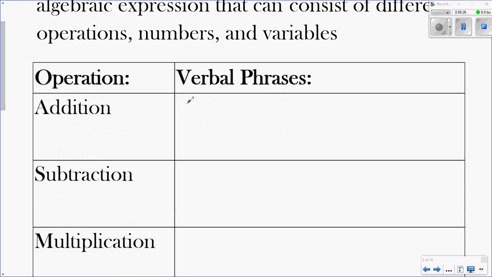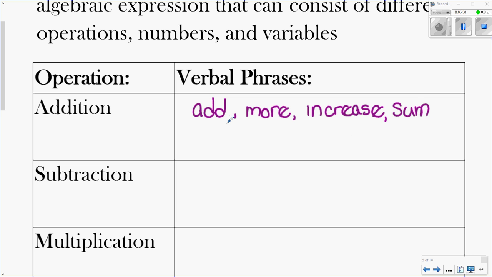With addition, we have verbal phrases such as add, more, increase, and sum. These are just a few. If there are more that you know that are attached to addition, that's great. But sometimes you see these that tell you you're going to be adding.